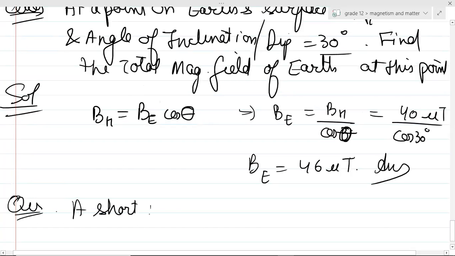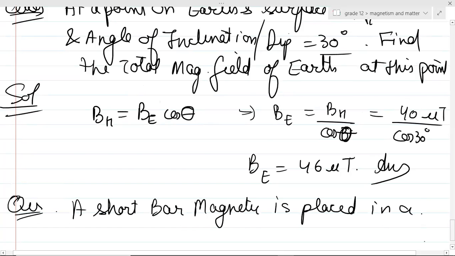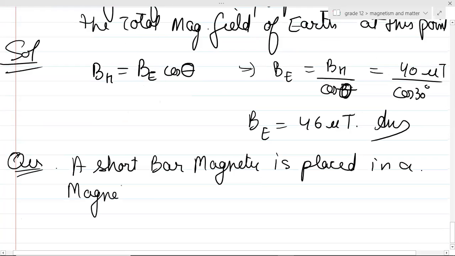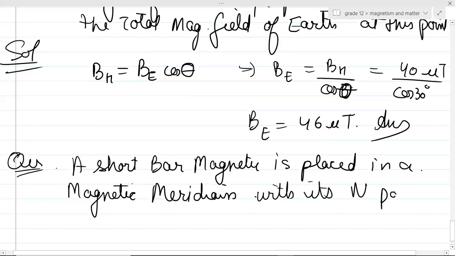This question is good. A short bar magnet is placed in the magnetic meridian with its north pole pointing towards south.